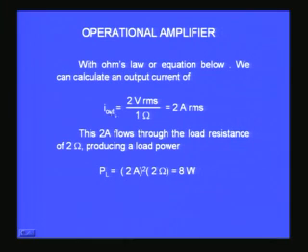So 2 volts divided by 1 ohm is equal to 2 amperes, so that is the current output. 2 amperes will flow through the load resistance of 2 ohms, producing a load power of 2 ampere whole square into 2 ohms, that is equal to 8 watts. So this is the power dissipation of that particular load resistor.